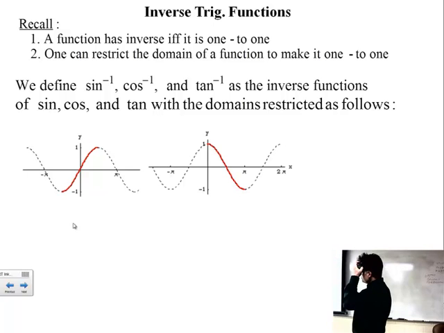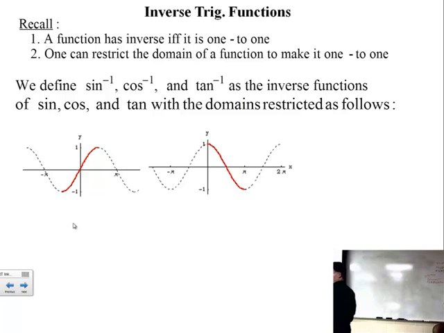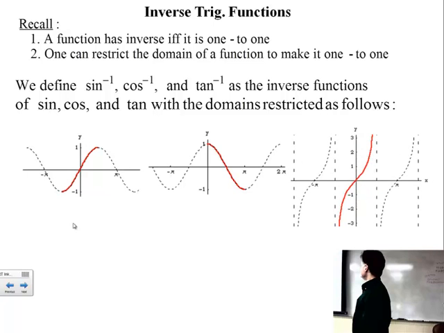So these are the two official domain restrictions, one for the sine and one for the cosine. And then we invert these restricted functions. They're one-to-one. So we invert them, and we're going to get these inverse functions. This is called arc sine, arc cosine, the other names for them.